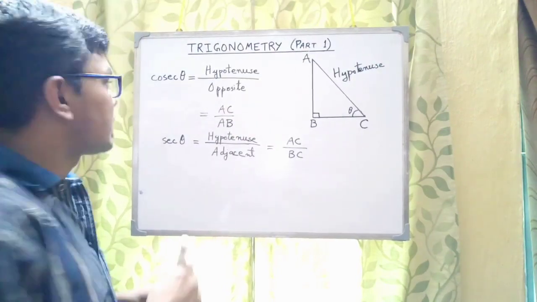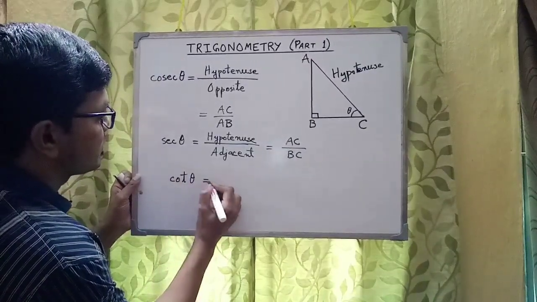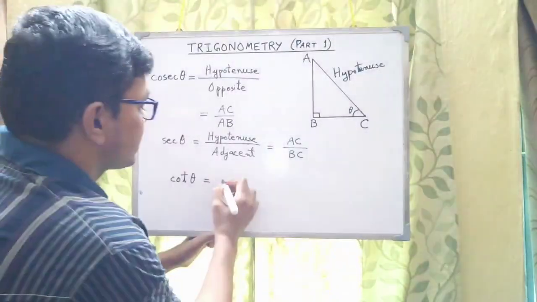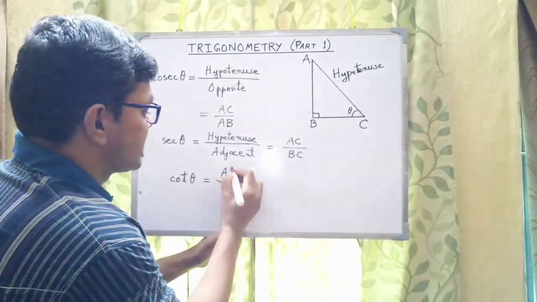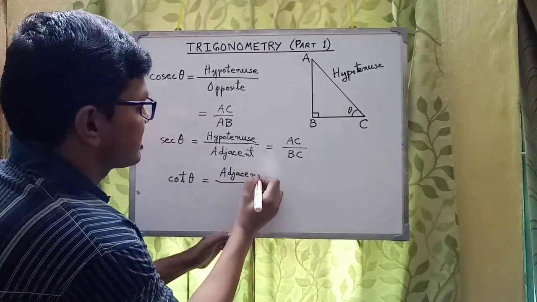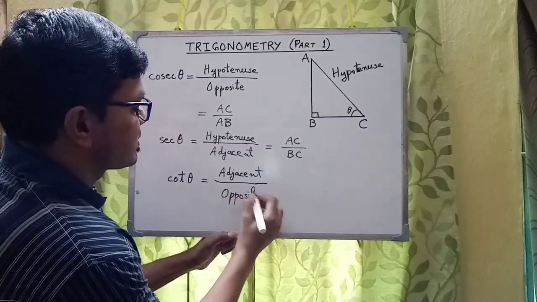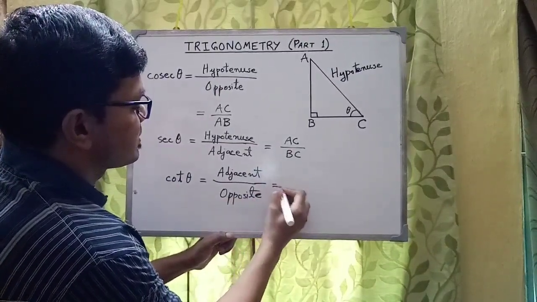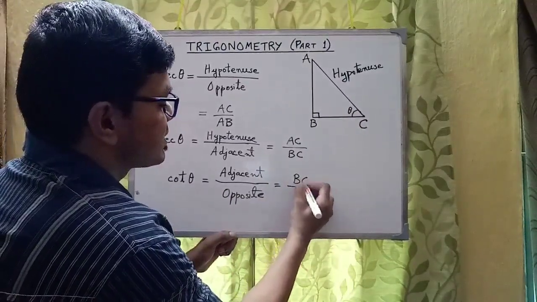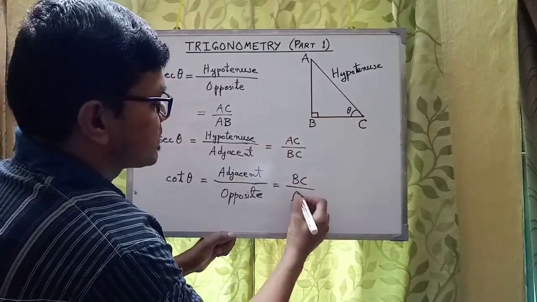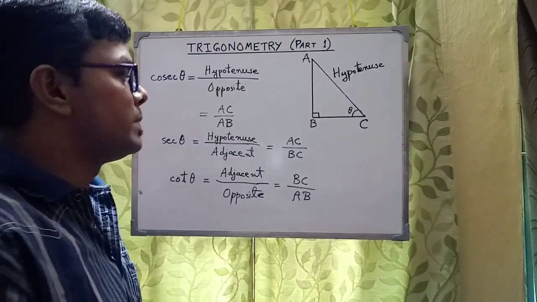Now we are left with the last one, cot theta. Cot theta is adjacent by opposite. So adjacent to theta is BC and opposite to theta is AB. So in this triangle, cot theta equals BC by AB.